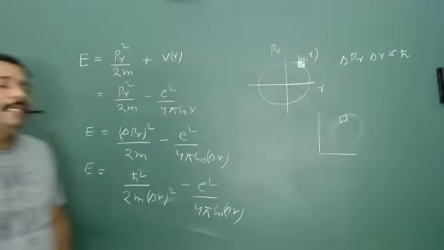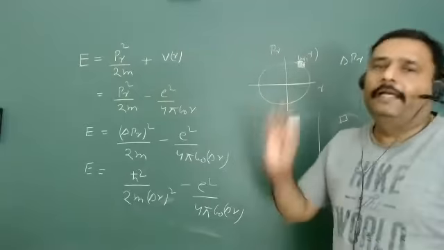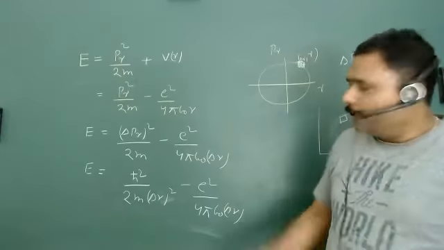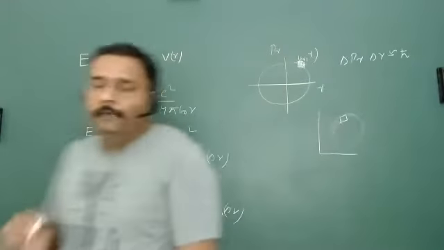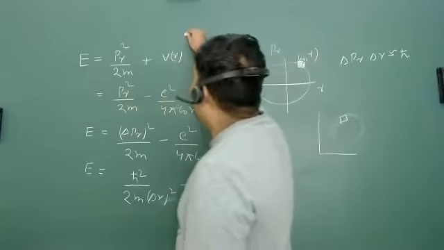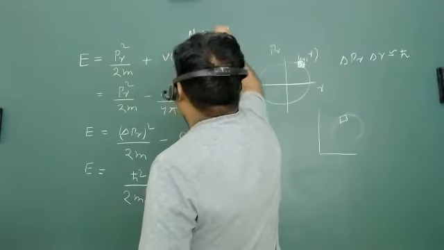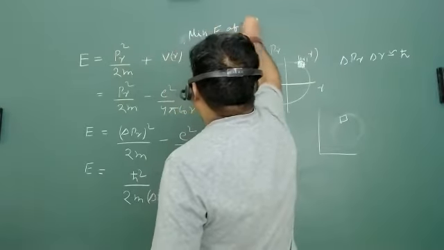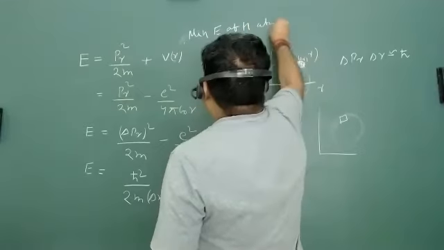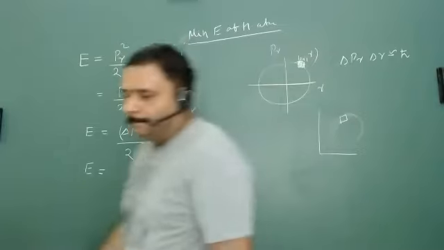Now this delta R can be any value. But we have to find only those values for which energy is minimum. What I want is just to find the minimum energy of the hydrogen atom.